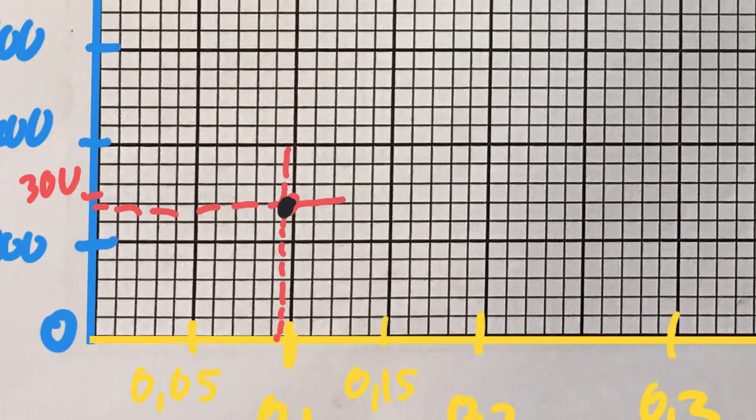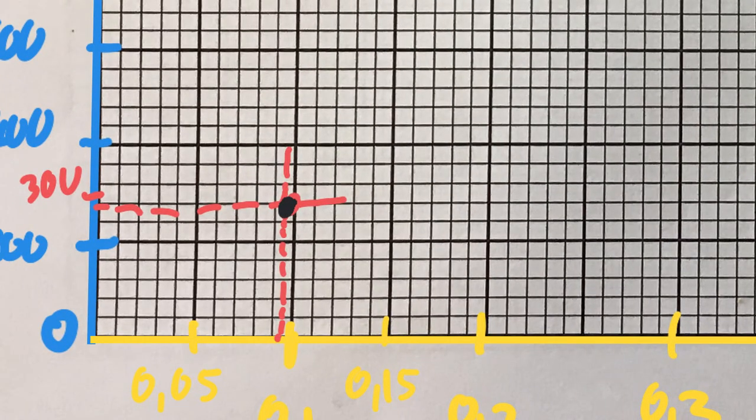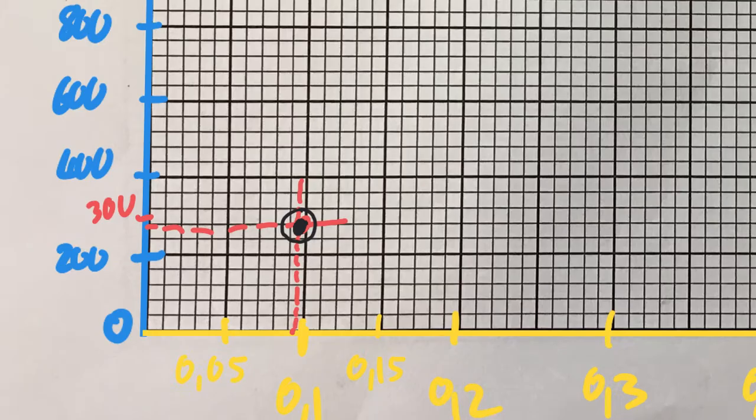And then remember in class I mentioned that every data point has got error in its dependent and in its independent variable. Now we use what we call uncertainty bars or error bars, but in grade 8 we're not going to do that. What we're going to do is just represent that point with a circle of uncertainty around it.